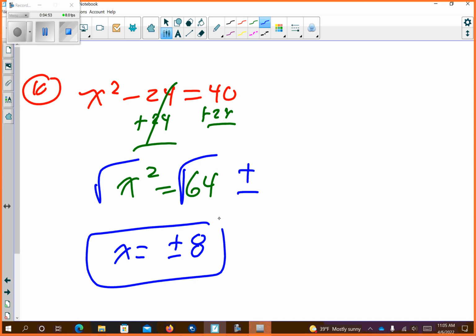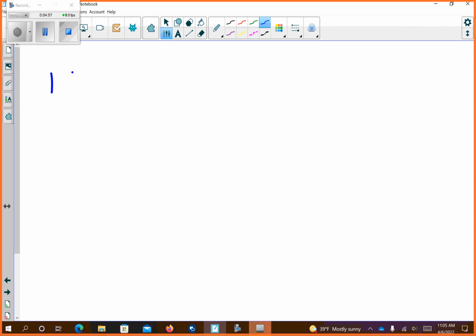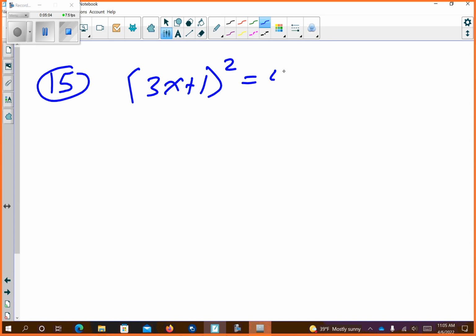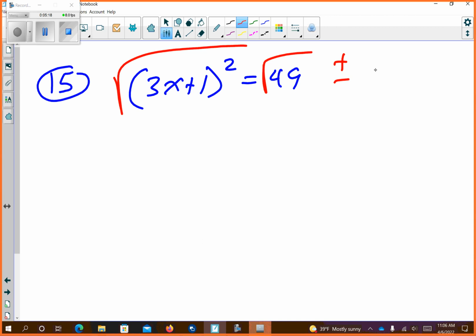Now there's one they snuck in on you, and I didn't realize it was there. I'm going to go to number 15. You have these parentheses, quantity squared equals 49. This is done the same way. At this point, I have a quantity squared. To undo a quantity squared, take the square root. Don't forget the plus minus. Are you still with me? Square root of 49 is 7.